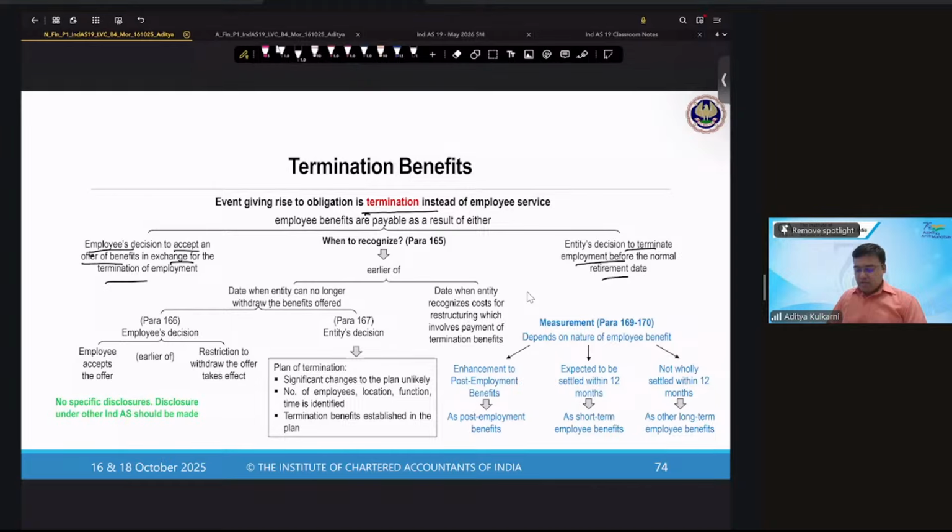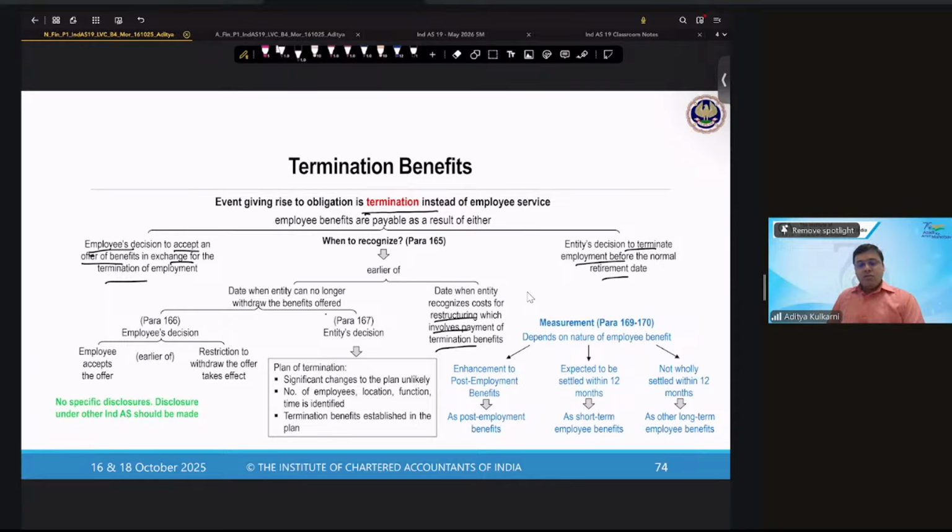Earlier of the date when the entity can no longer withdraw the benefits, or the date when the entity recognizes cost for restructuring, which involves payment of termination benefits. And what earlier of these two dates? When it can no longer withdraw or when it can recognize the cost of restructuring. Earlier of these two dates, it goes into the P&L.